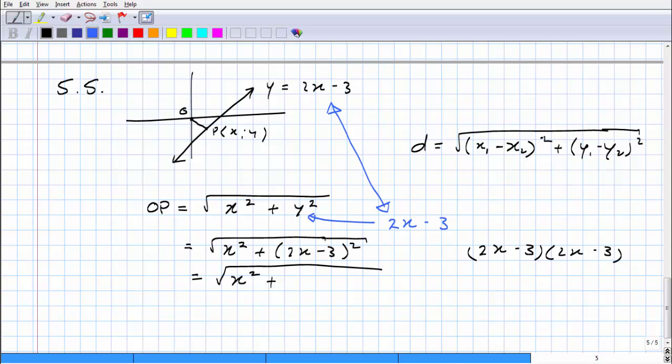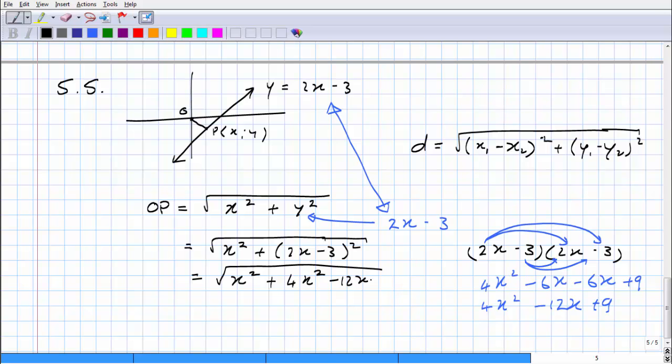Let's just work that out so we don't get into a mess. 2x times 2x is 4x squared. 2x times negative 3 is negative 6x, negative 6x plus 9. So we have 4x squared minus 12x plus 9. So we plug that in.